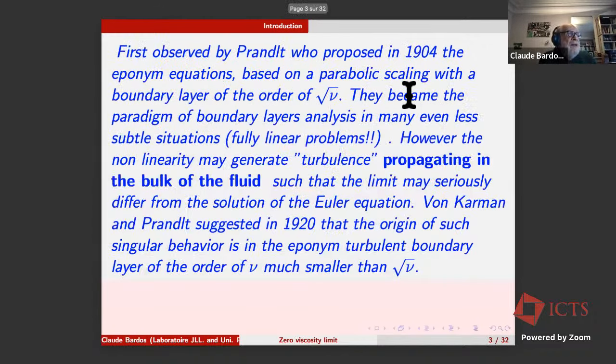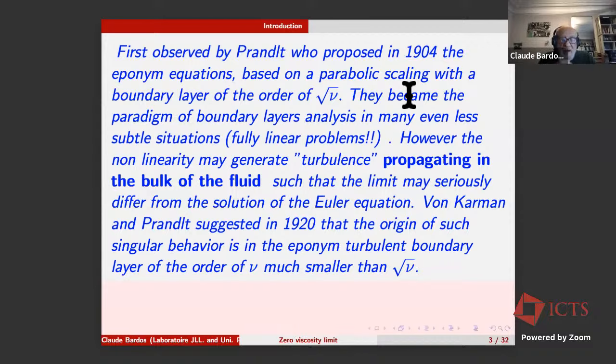In fact, I think it was at the level of mathematics in my community. It was observed first by Prandtl in 1904, and then the equation he proposed is called the Prandtl equation, of course, and they introduce a boundary layer, which is of the order of the square root of nu, in the rescaling the square root of the Reynolds number.